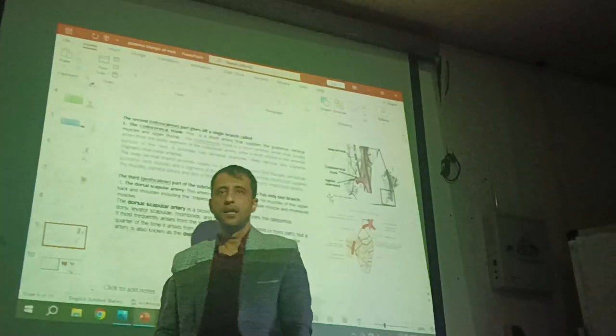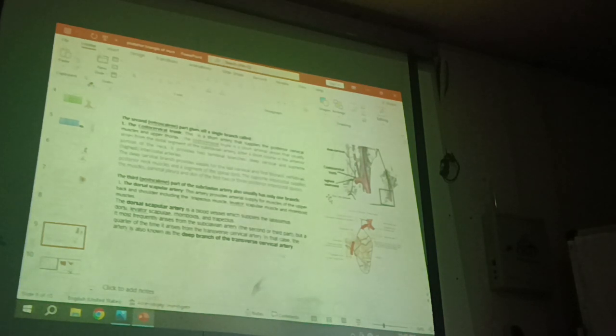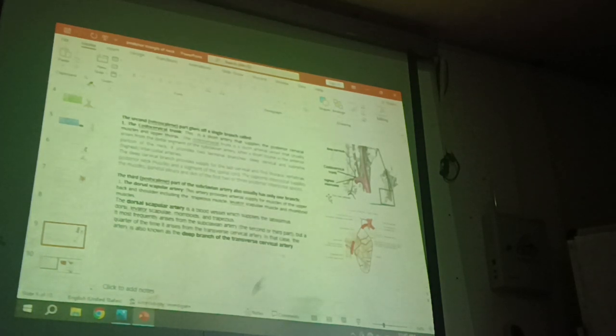Costocervical trunk. The costocervical trunk on the left side is a branch of the first part. On the right side it is a branch of the second part of the subclavian artery.